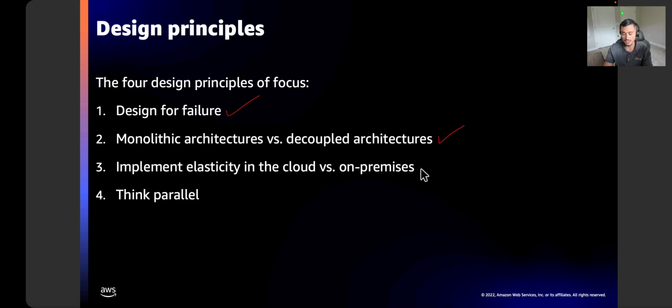We want to think about elasticity and how it differs between elasticity in the cloud versus elasticity on premises. And then lastly, we want to always think in parallel. So how can we divide the task into multiple parallel processes, right? These are really, for the cloud practitioner test at least, what we want to focus on for domain 1.3.